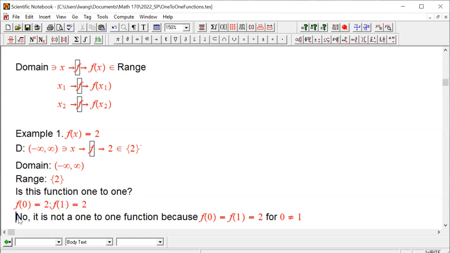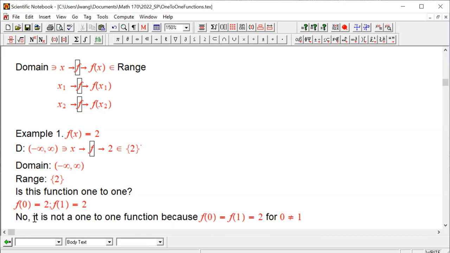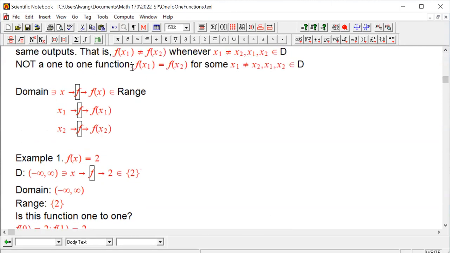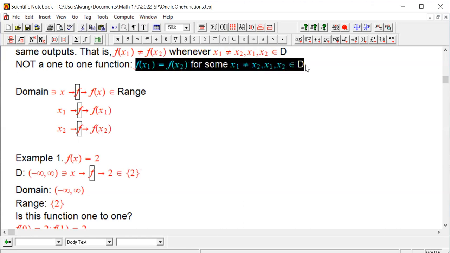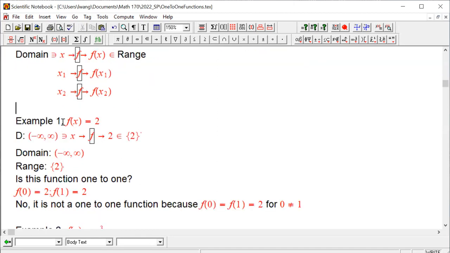So when you answer this question, all you have to say is, no, it is not a one-to-one function, because for input 0 and input 1, the inputs are not the same, but their outputs are the same. So the violation doesn't have to happen 10 times. It only has to violate once. So false once, false. Therefore, this function is not one-to-one.